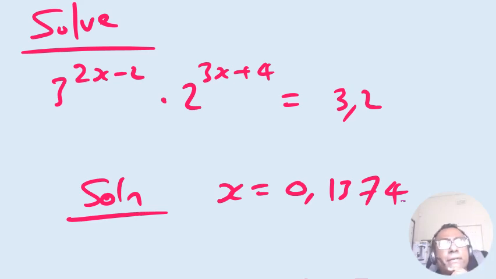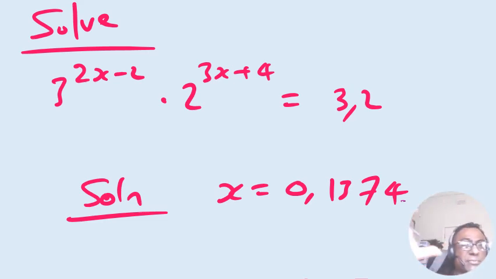What do we have here? This is easy. 3 to the power 2x minus 2 times 2 to the power 3x plus 4 equals 3.2. There's the solution, x equals 0.1374. How do we solve for x? Again, it's very similar to the previous question.